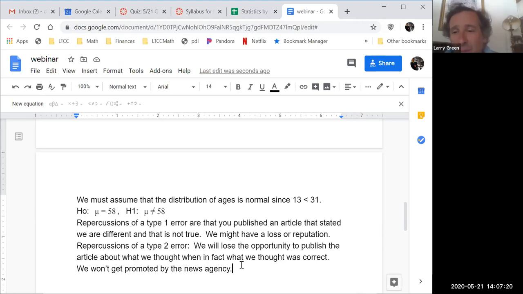So what do you think? Is one worse than the other, or about the same in terms of consequences? Yeah, these are about the same. So if they're the same, remember what you use. What's the level of significance you use?